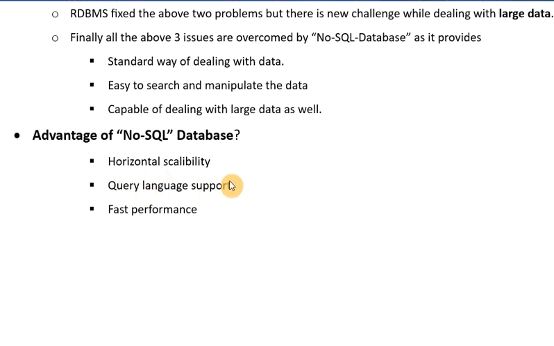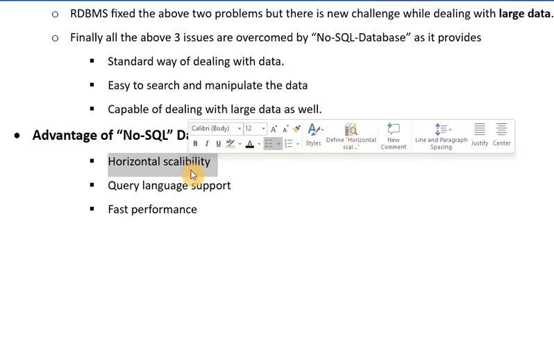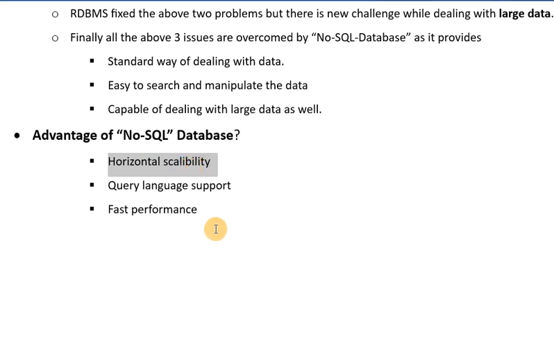Now come to the point: what are the advantages of NoSQL? These three issues are fixed, and only those three are mentioned here. The first is that it provides horizontal scalability. Horizontal scalability means we can store some of the data in one document and the rest in another document.